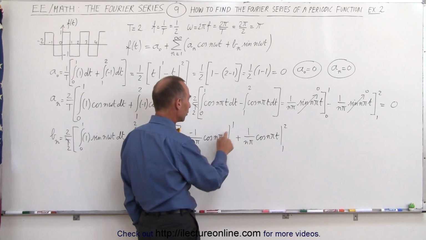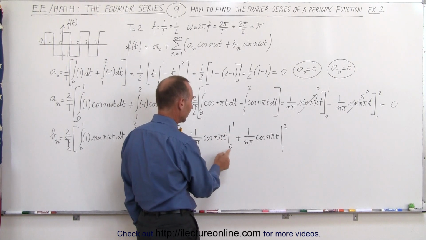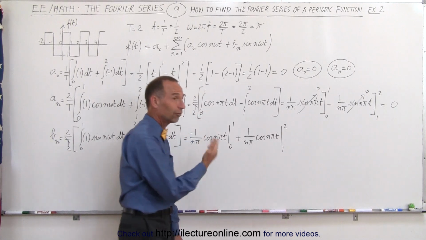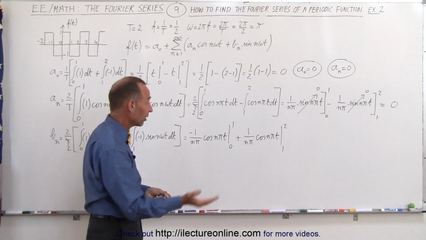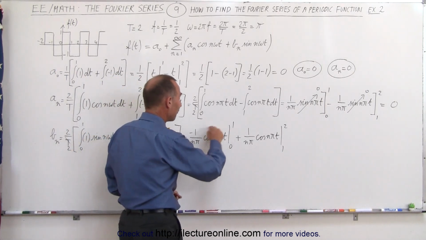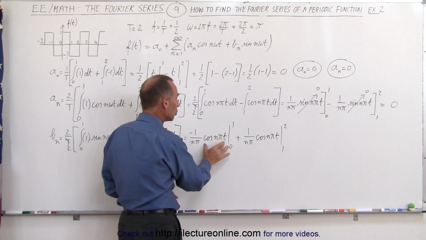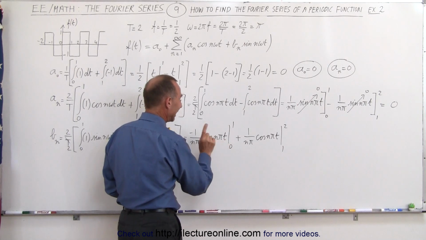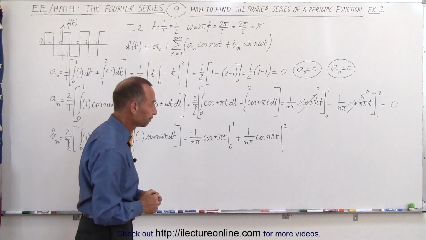When n is even, you plug in the upper limit, we get 2 pi, and the cosine of 2 pi is 1. Plug in the lower limit, you get the cosine of 0 is 1. 1 minus 1 is 0. So again, like we saw in the previous example, this evaluated from 0 to 1 is only equal to negative 2 if n is odd. If n is even, it's equal to 0.